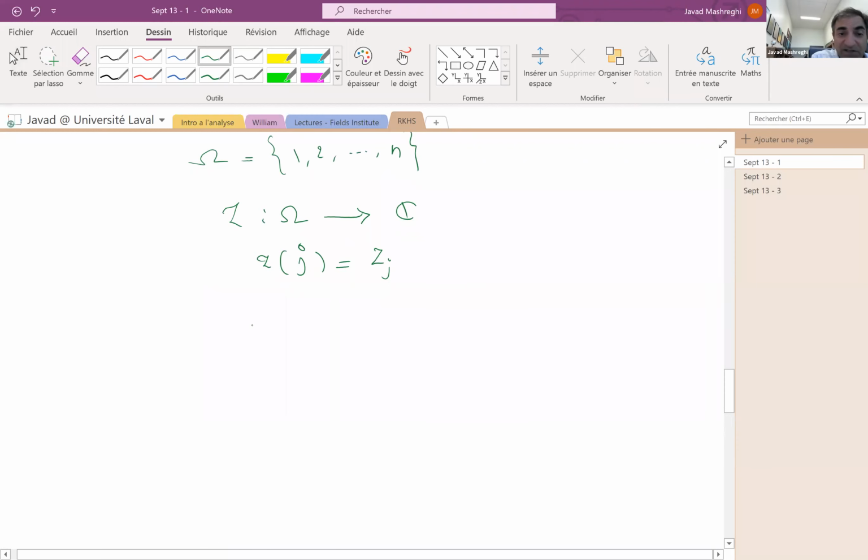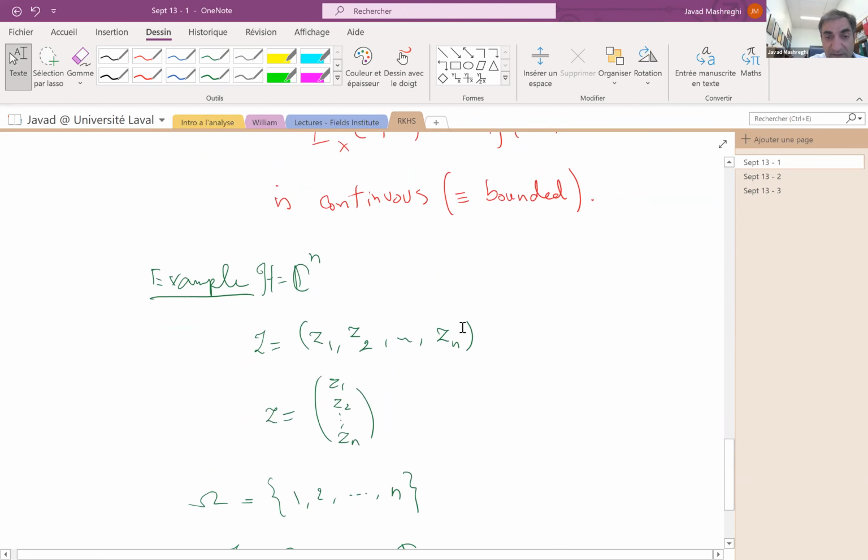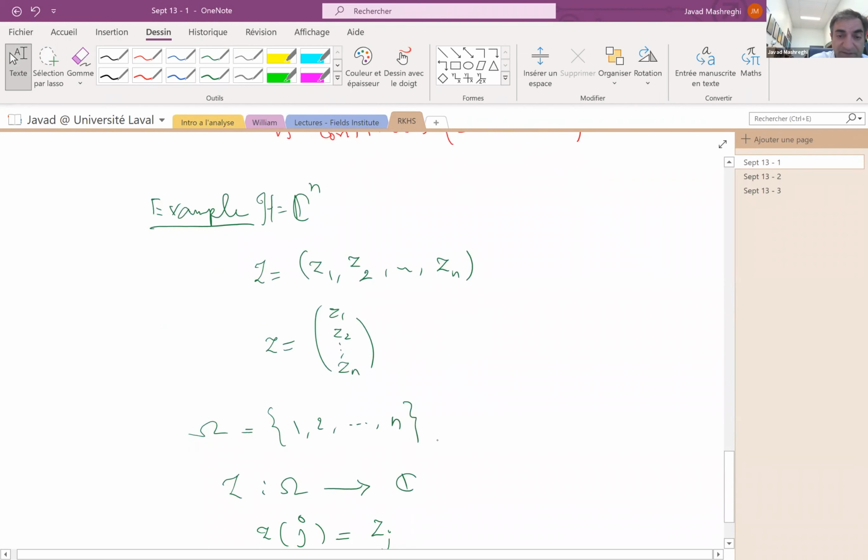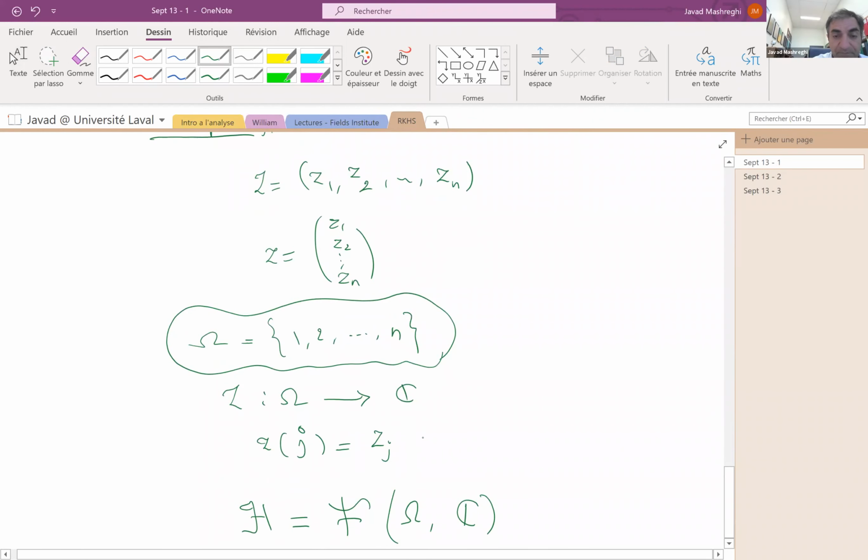So in this case, H is precisely equal to the set of all functions defined on omega with, I'm sorry, I mixed between French and English, with its value in C. And omega is this omega that we have, very specific omega. What is our inner product here?